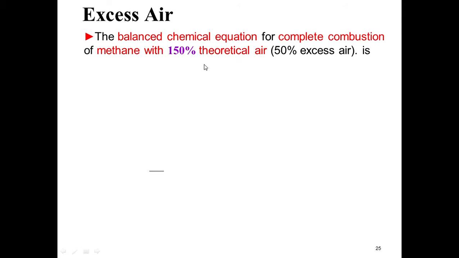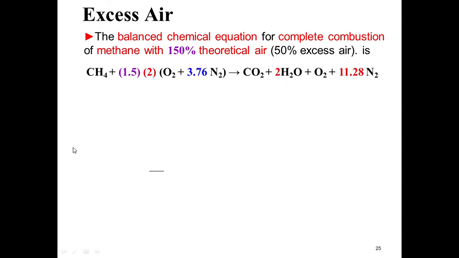If we want to write a chemical equation with 50% excess air, how will you write it? That is CH4 plus 2 times O2 and so on, that was the old one. But now I will have 50% excess air, meaning previously it required this much air only.